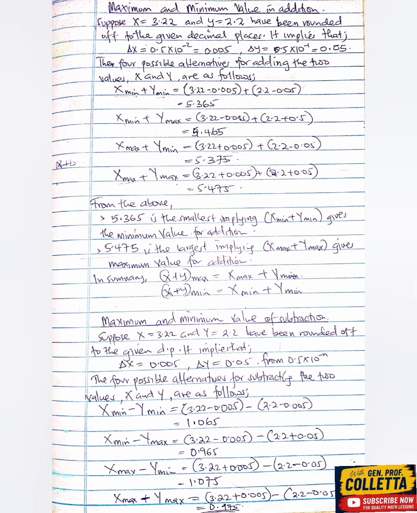But if I take a minimum value and subtract a maximum, I think I'll get the smallest answer, because from something small, you are removing something big. But for the first, x min minus y min, from that small thing you remove something small. I think that it won't be the smallest answer. But for x min minus y max, we get the smallest answer for subtraction.